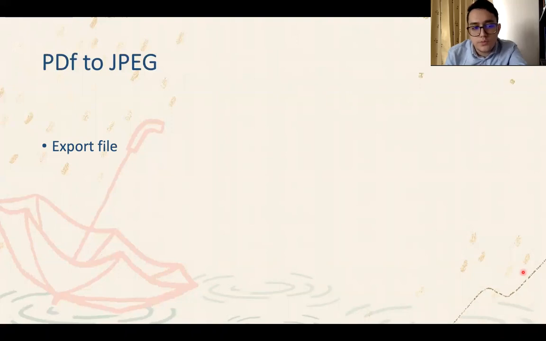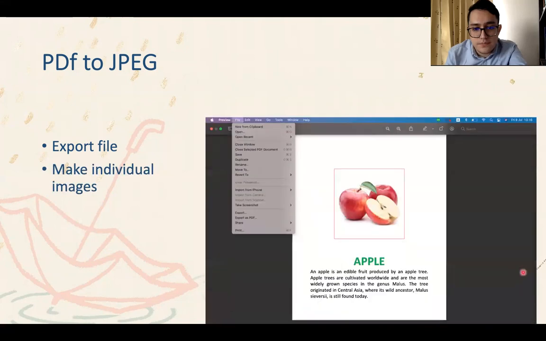If you want to export your file to make individual images, you can do that. This is only for Mac users, for Apple users, for people who use MacBook. For others, I will tell you what to do.